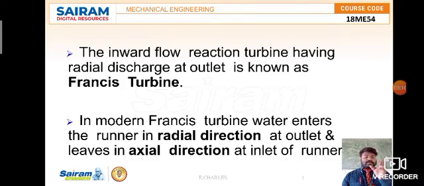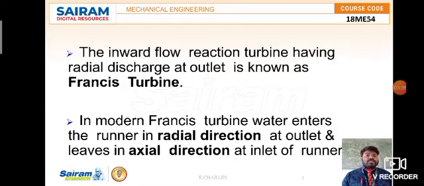Since the turbine blades are mounted over the shaft, when the shaft, a cylindrical rod, rotates, the turbine blades, which are the moving blades, also rotate. After hitting the turbine blades, water discharges and leaves in the axial direction. That is nothing but the modern Francis turbine.